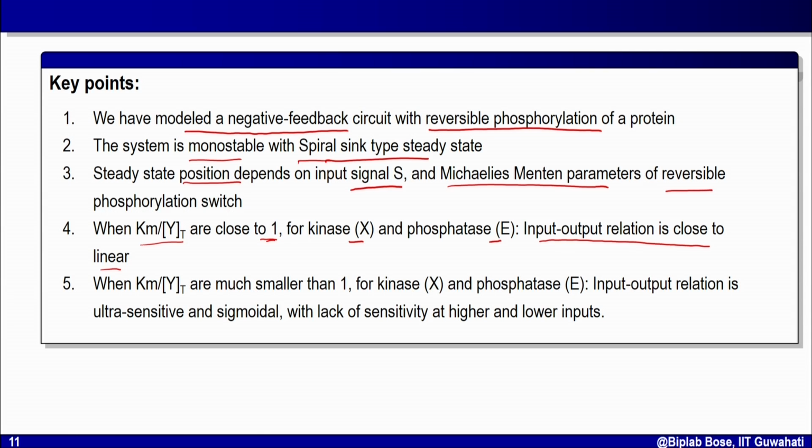But when these ratios for both kinase and phosphatase are smaller than 1, for example 0.1, 0.01, 0.001, then the input-output relation is ultra-sensitive in the middle region, it is sigmoidal, and it does not have sensitivity at higher and lower inputs. That's all for this module.